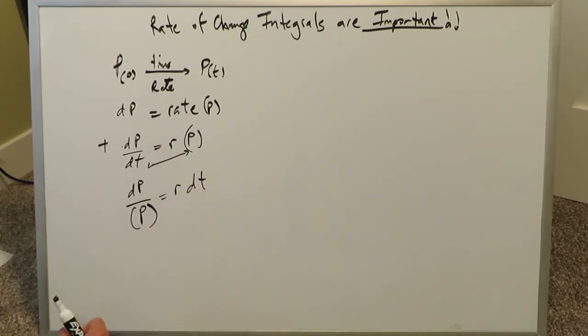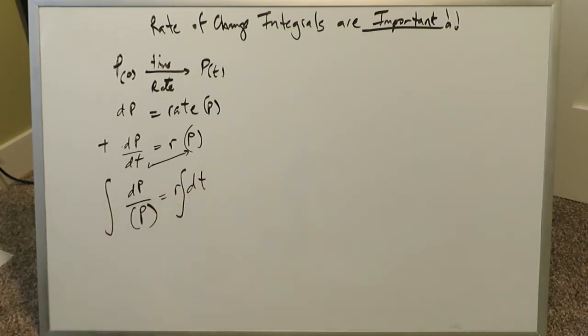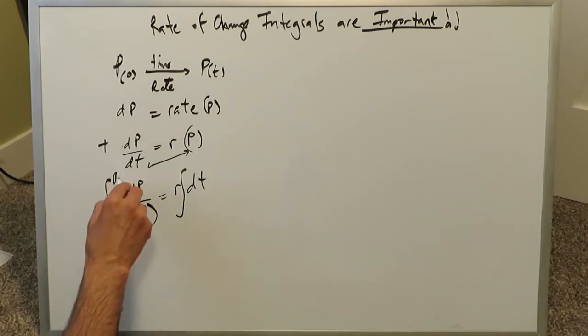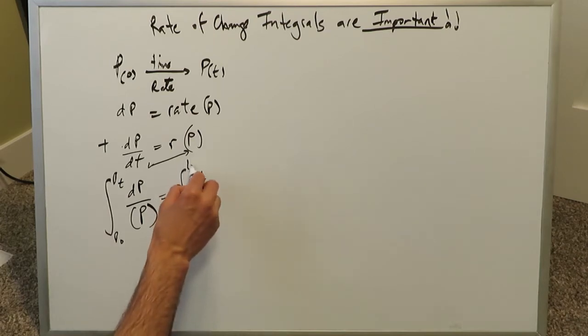Now we're beginning to create something which looks like an integral, and we have to do nothing more than this. We have the principal at initial time, which we'll call 0, and the principal at time t.